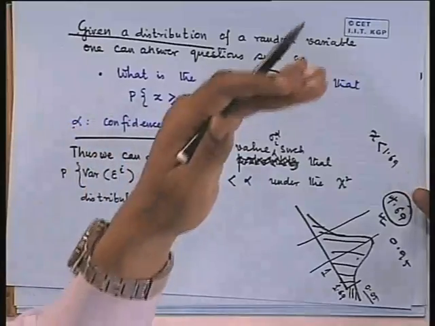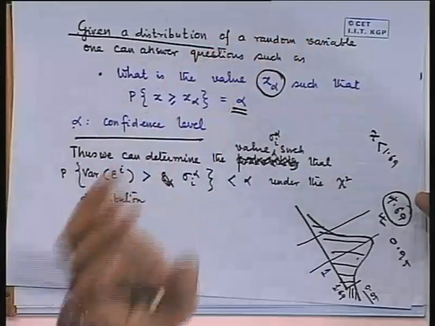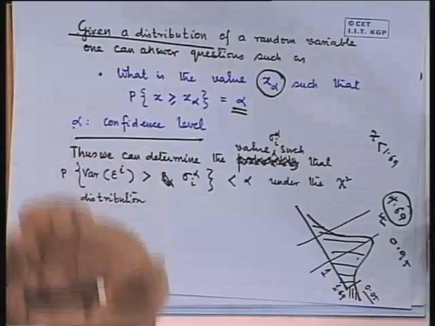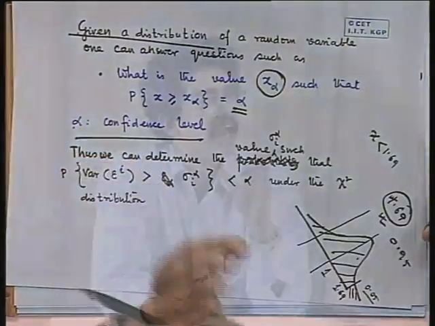Okay. So this is the approach: you first make a hypothesis. Based on the hypothesis, you characterize some quantity which you are going to test. That quantity is generally called a statistic, not statistics.